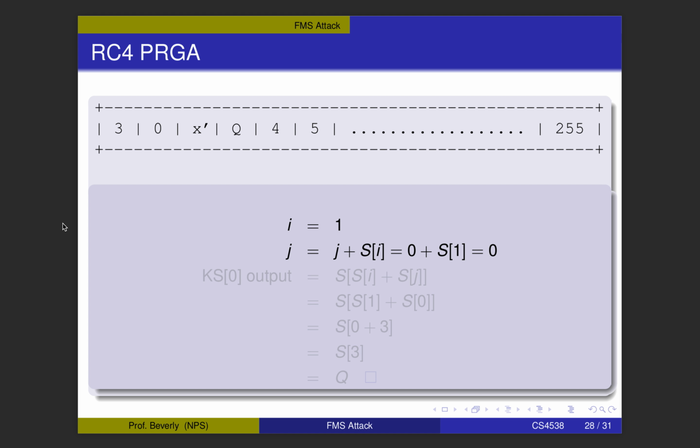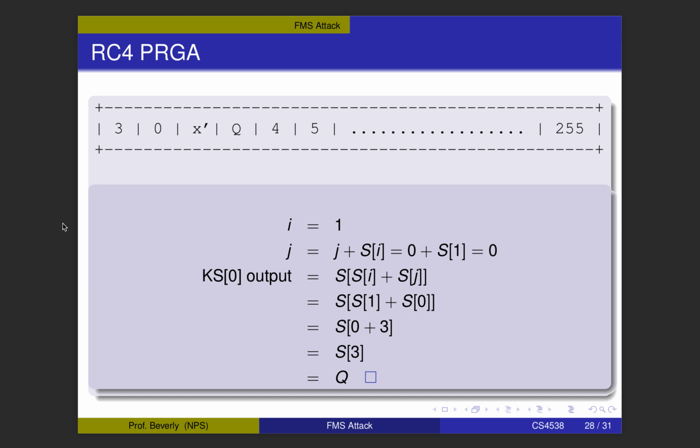What is the first byte of keystream that comes out of this? Well, it's S of i plus S of j, and the value of that indexed into the S box. We know that i is 1, and we know that j is 0, so this is equal to the first position of S plus the second position of S, and whatever that is indexed into S. The first element of S is 3, the second element of S is 0.